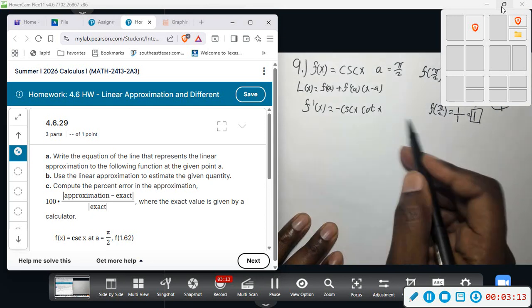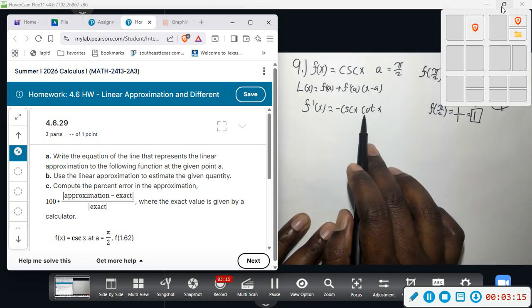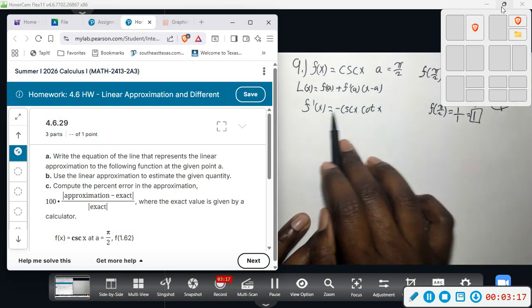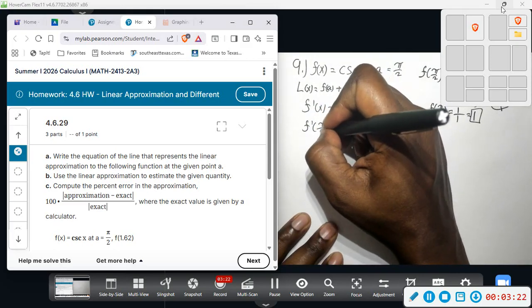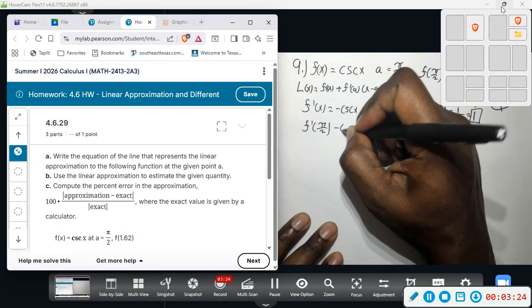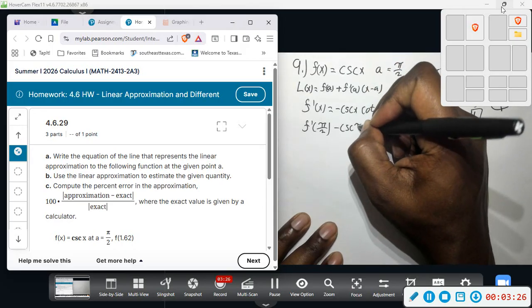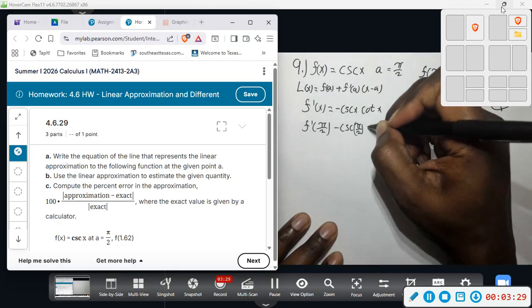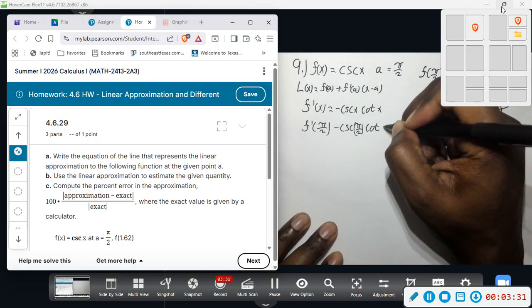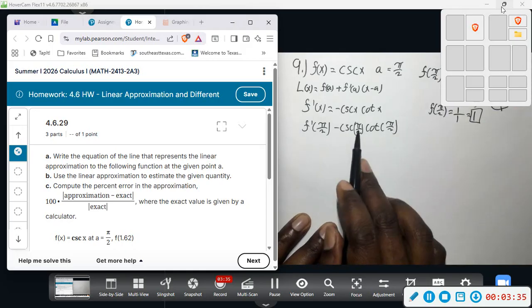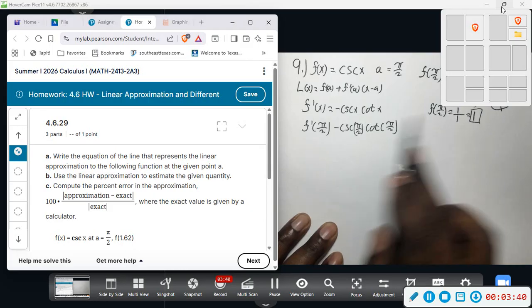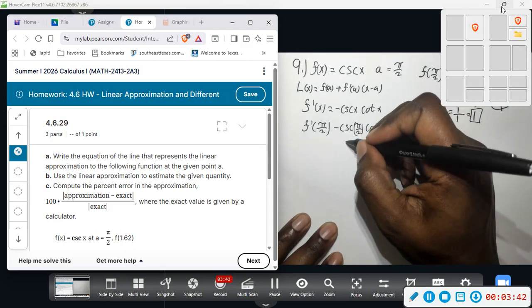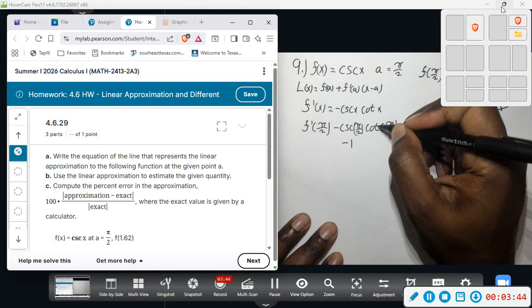All right, so once we have this, we are now going to plug in pi half to this expression as well. So we've already done cosecant of pi over 2. 1 over sine is just 1. Since it's negative, we'll get a negative 1 for this part times this part.